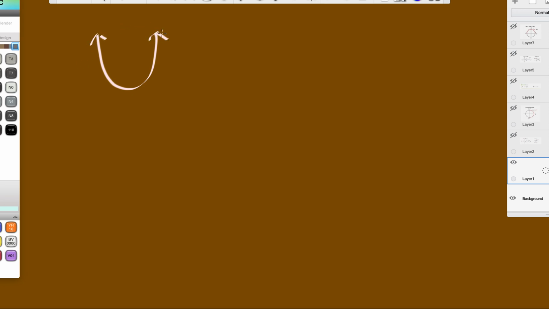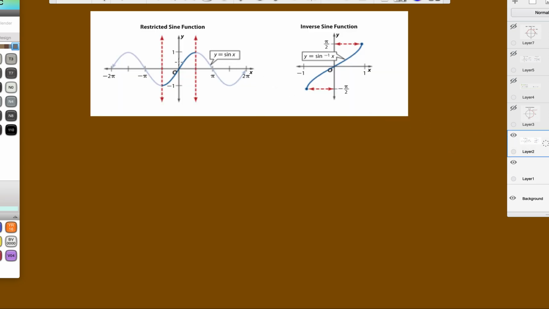We can't draw an inverse function of the quadratic because it doesn't pass the horizontal line test. Well, you say, hey, Mr. Sokol, didn't you just say that you can't have an inverse function if it doesn't pass the horizontal line test?